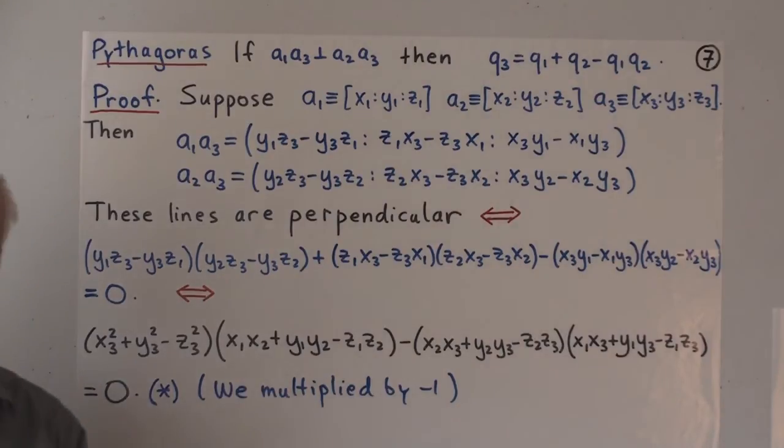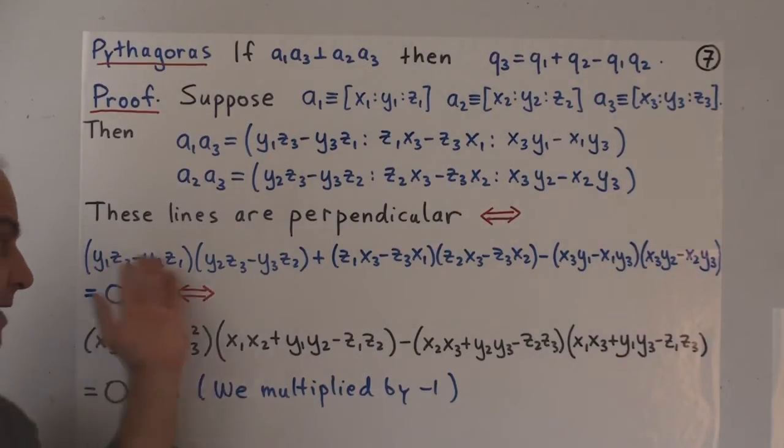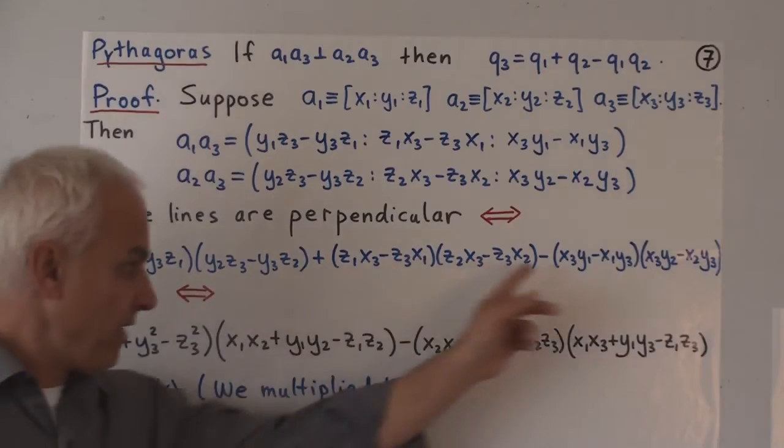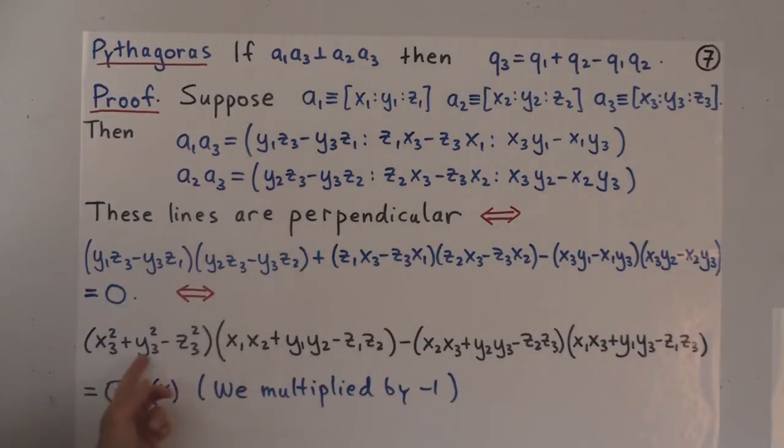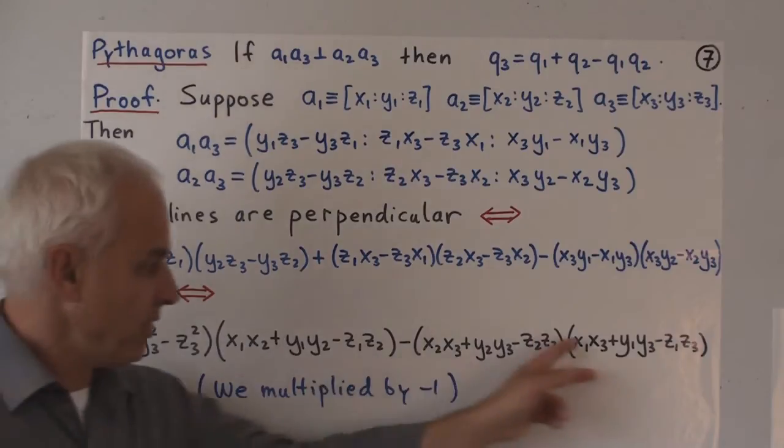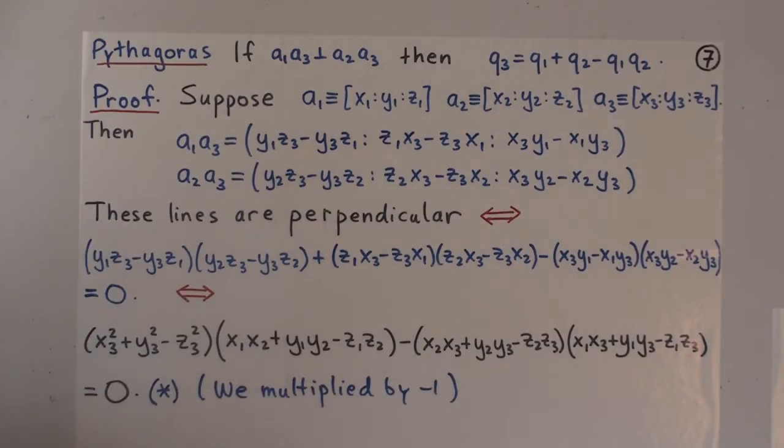And how do you check that? Well, you just check it by expanding. So you expand this out, you expand all this out with a minus sign, and then you see that everything here is exactly equal to something there. There's an exact balancing of all the terms. This is x3 squared plus y3 squared minus z3 squared.